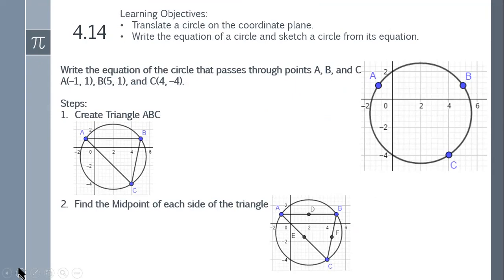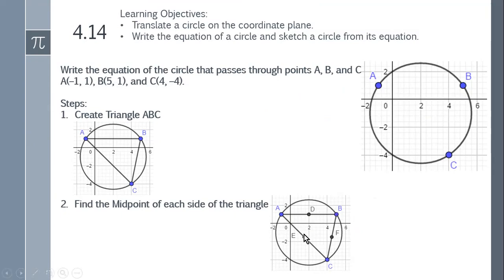Okay. Start with creating a triangle ABC. Then we're going to find the midpoint of each side of the triangle. Again, I used GeoGebra to do this. Made it a little bit faster, a little bit easier.